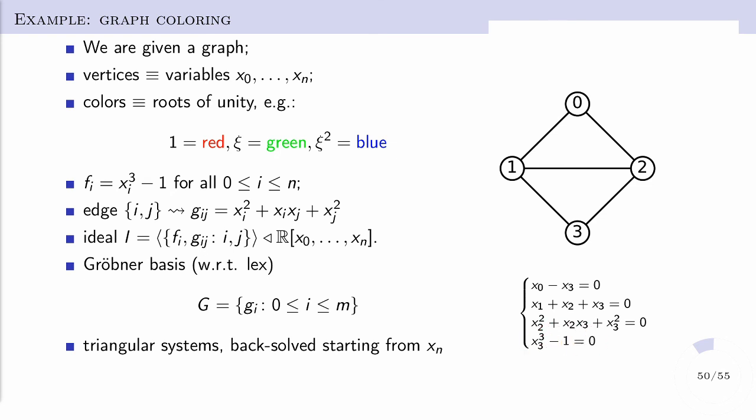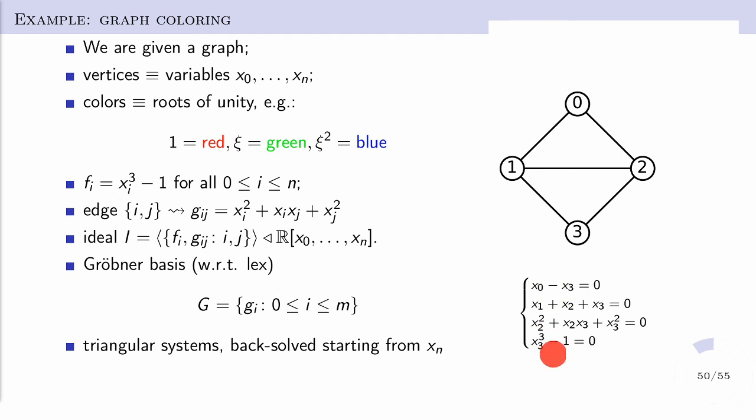Here we have an equation which depends on x2, x3. Here we have an equation which depends on x1, x2, x3. And this one potentially can depend on all of them. In fact, in this specific graph, it depends on just x0 and x3, but okay, it may depend on all of them. So this is a triangular system.